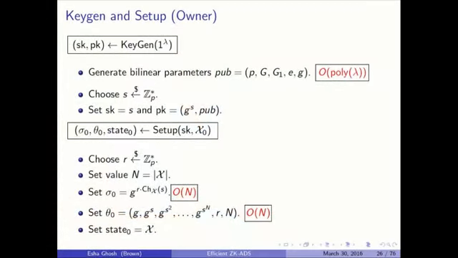Now in the setup phase, the owner again runs this. The additional thing it does is choose a random R from Zp star, which is the blinding factor, and it sets sigma 0 as g to the R times the characteristic polynomial evaluated at S, the secret point. Then theta 0 is the auxiliary information stored with the server: this tuple, the blinding factor and the set size.